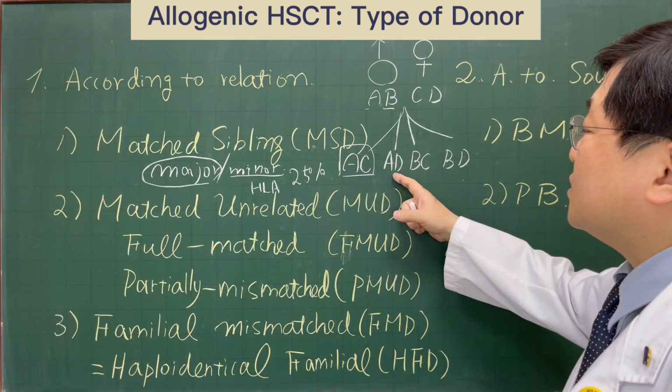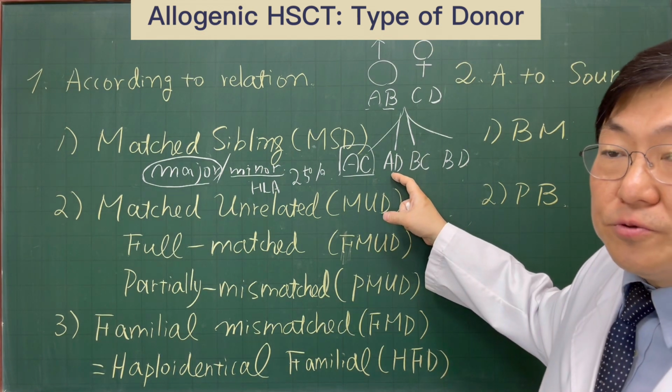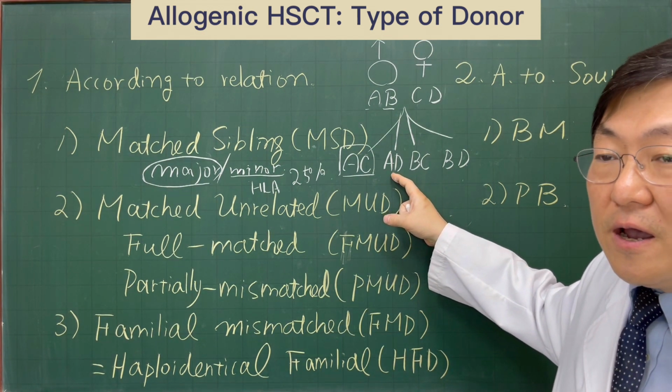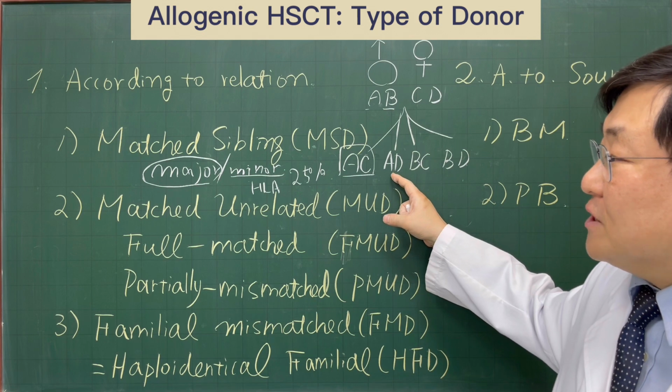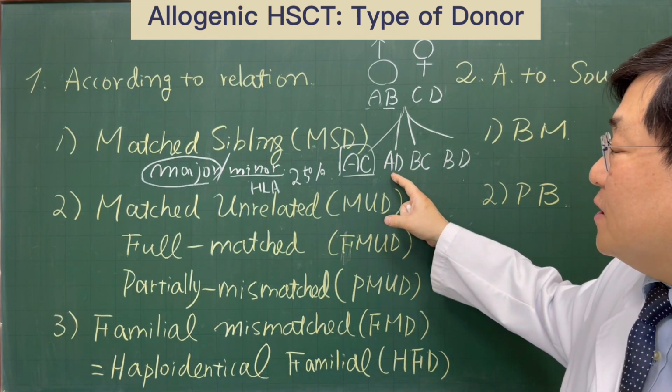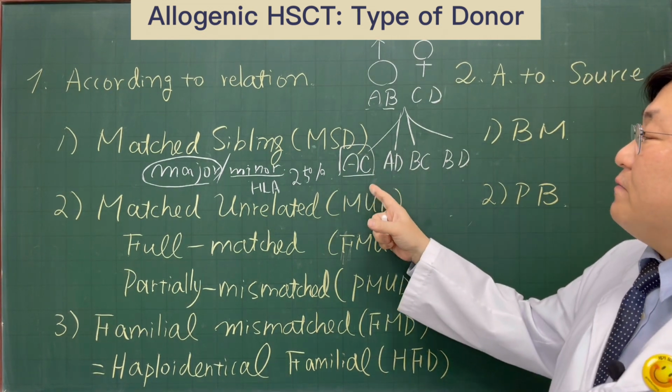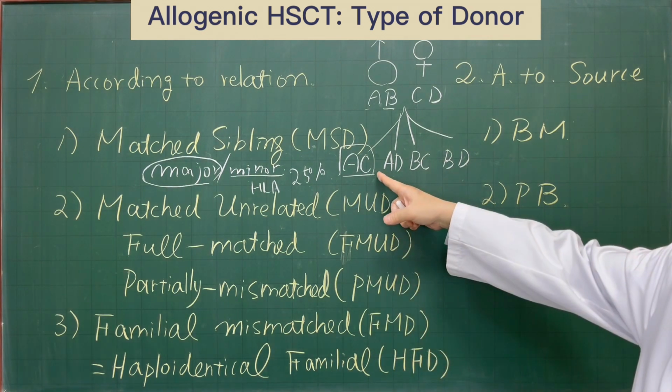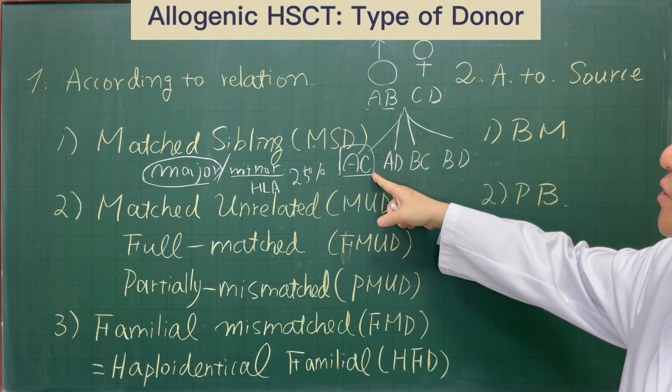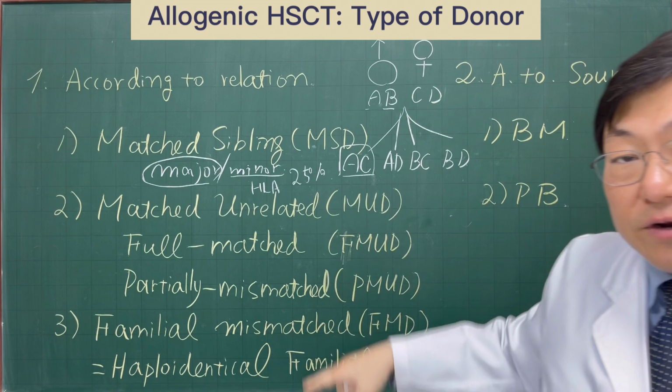But nowadays, we don't have enough children to have an identical matched sibling donor, in case one of the children has a hematology disease which requires allogeneic stem cell transplantation.